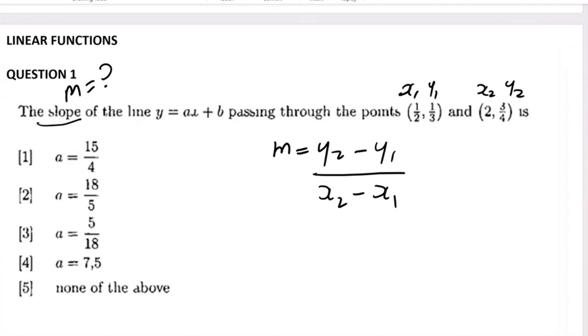So your y2 is equal to 3 over 4 minus your y1, which is 1 over 3, over your x2 there, it is 2 minus your x1, which is half. Okay, what is a common misconception that I want you to watch out for?